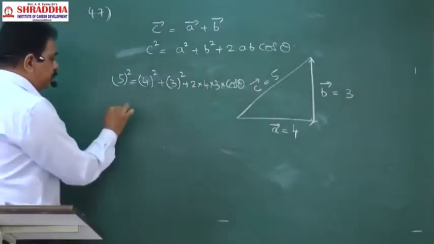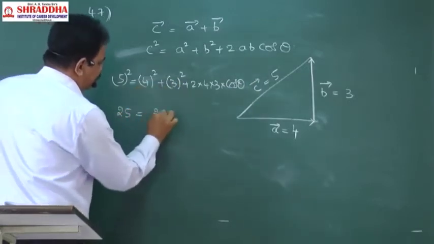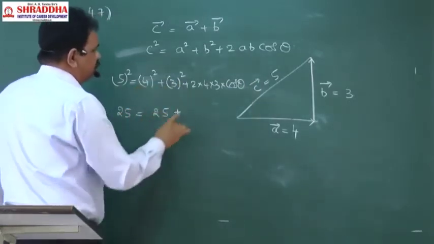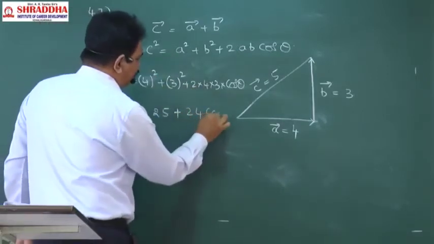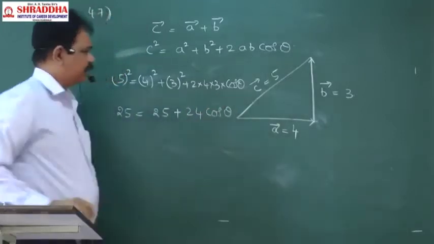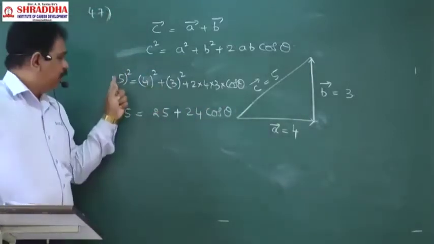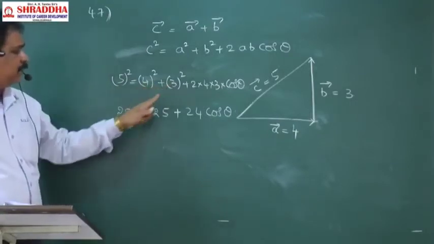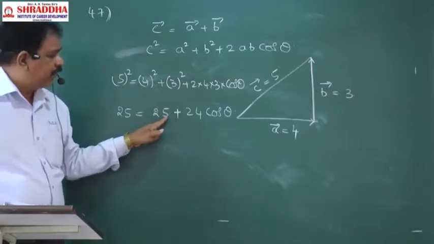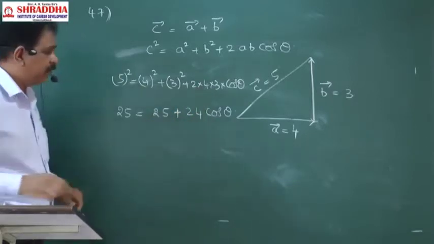So this value will be 25. 16 plus 9 will be 25, plus 24 cos theta. If we expand this, this will come. 5 square will be 25, 16 plus 9 will be 25, and this will be 24 cos theta.